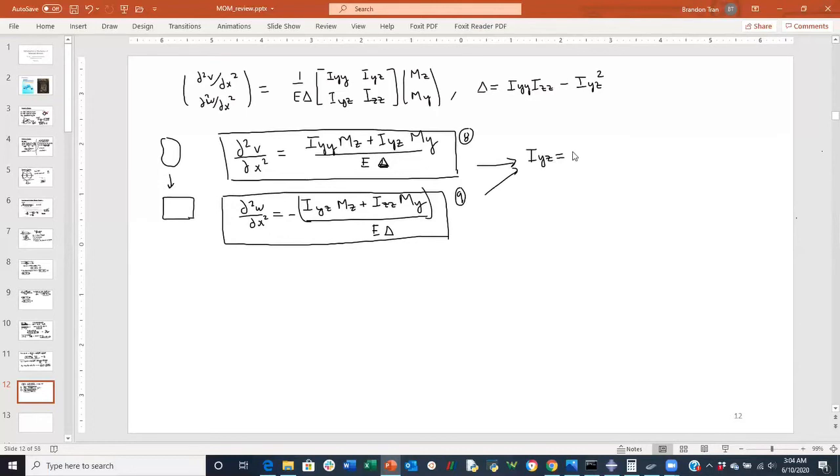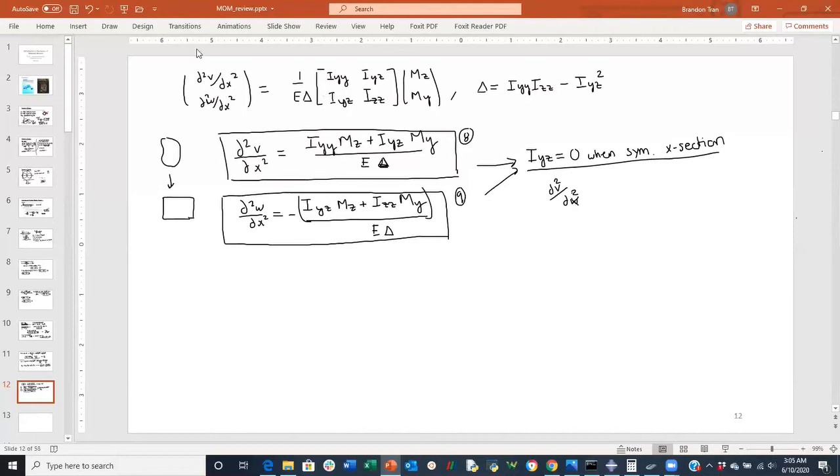So the cross second moment of inertia becomes 0. With that, these equations will boil down to the following, which is something you've basically seen in your introduction to mechanics of materials class.